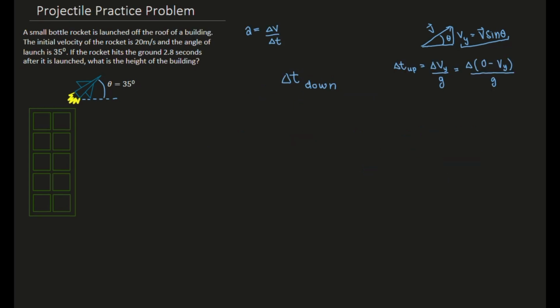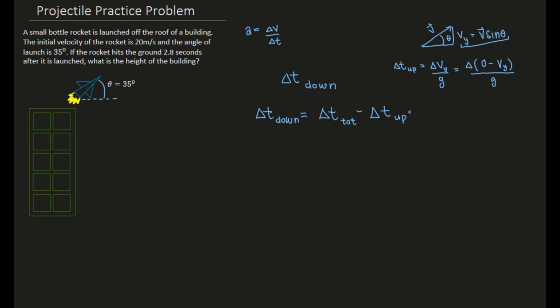To calculate the total change in time of the rocket as it's going down, because we have the overall total change in time, the change in time going down is just equal to the total change in time subtracted from the change in time that it took to go up.